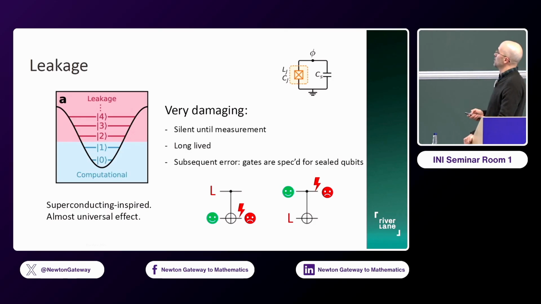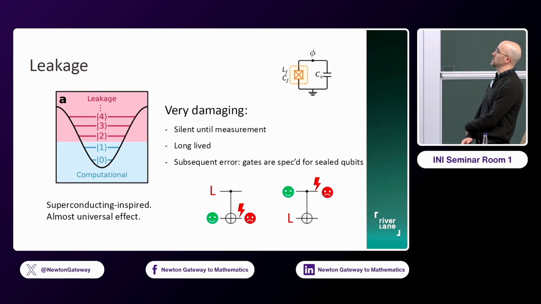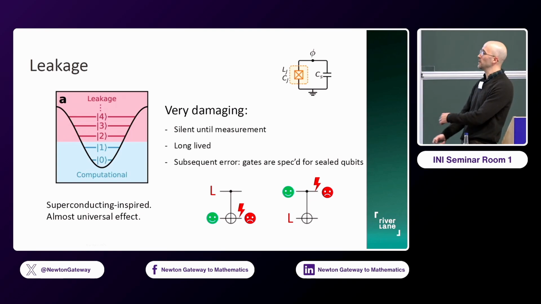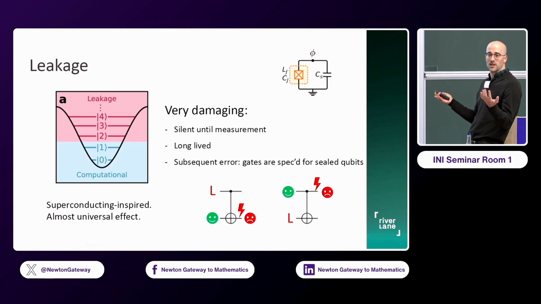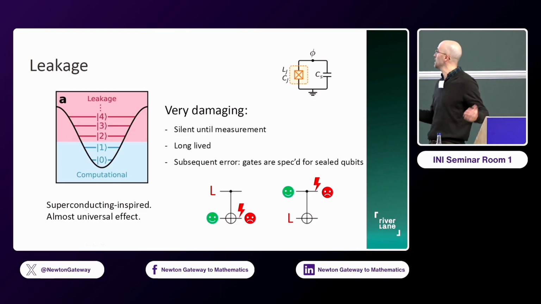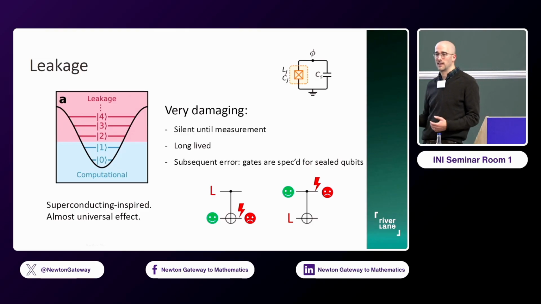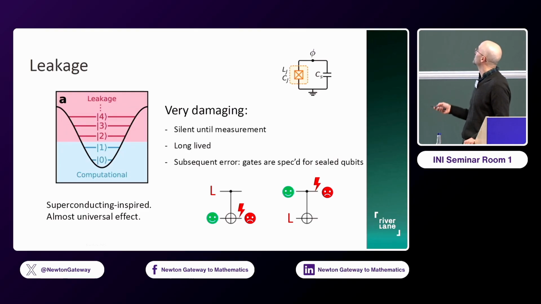And leakage is an error that's going to happen in your system if your system is not a perfect qubit and is made of a higher dimensional Hilbert space, like most qubits are. So in order to describe this error channel, I'm choosing a specific qubit type, but this also applies to other qubit types. And this qubit type is the transmon, which is basically an electronic circuit that behaves like an anharmonic oscillator.